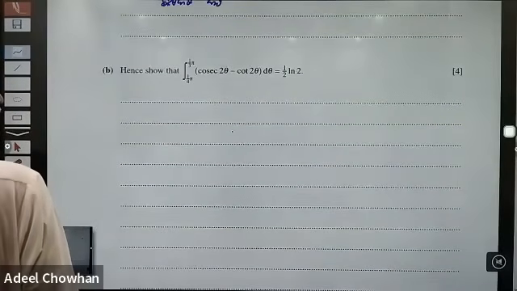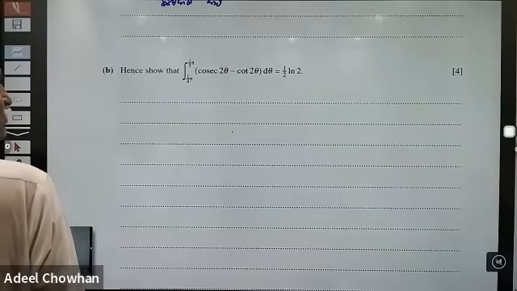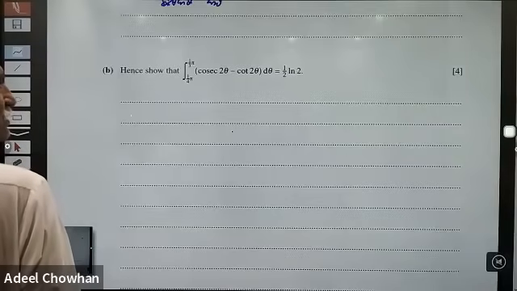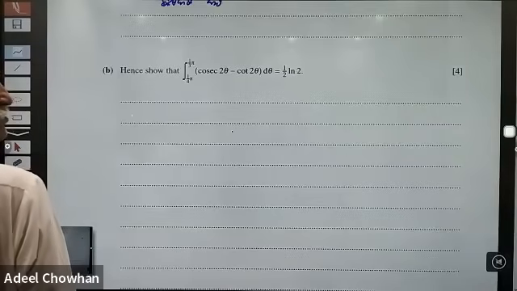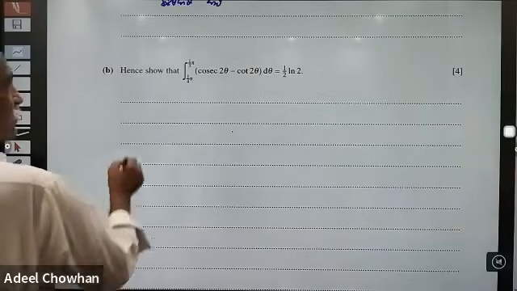Hence, show that the integral from pi by 4 to pi by 3 of cosecant 2 theta minus cotangent 2 theta d theta is equal to half log of 2.